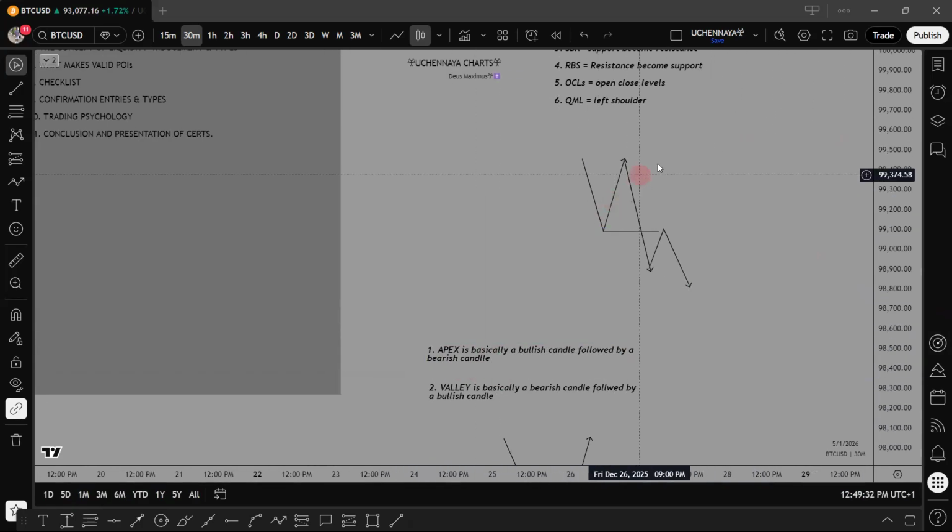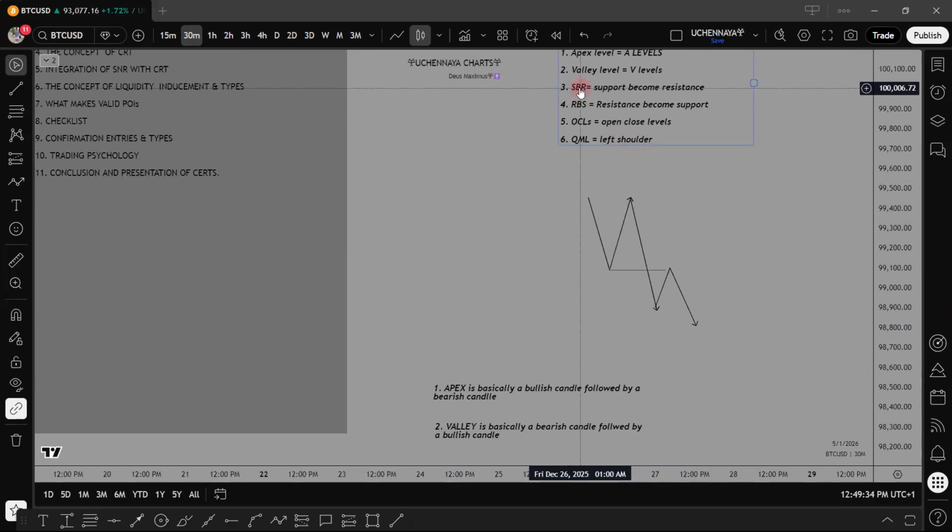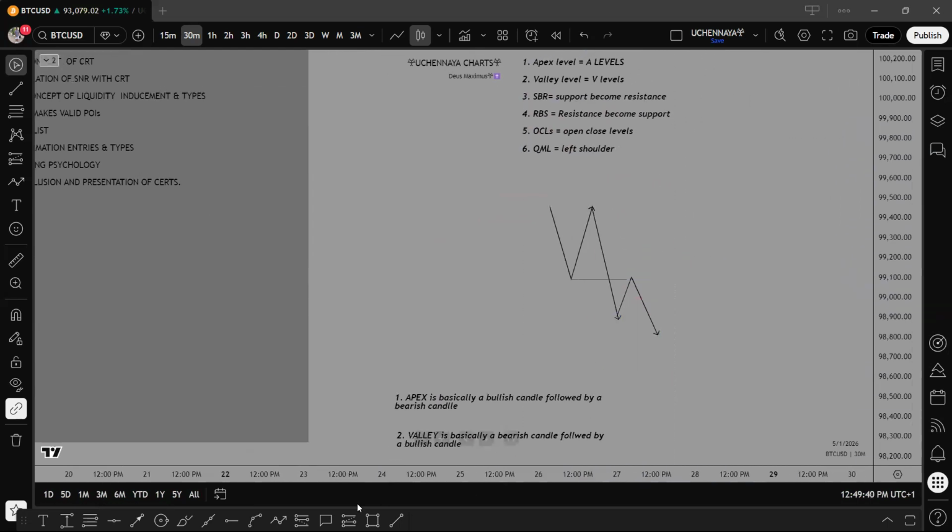Okay. Next on our list, we've already talked about SBR, support become resistance. The next on our list will be RBS. Now RBS is a resistance become a support. So it looks like this. This is a resistance.